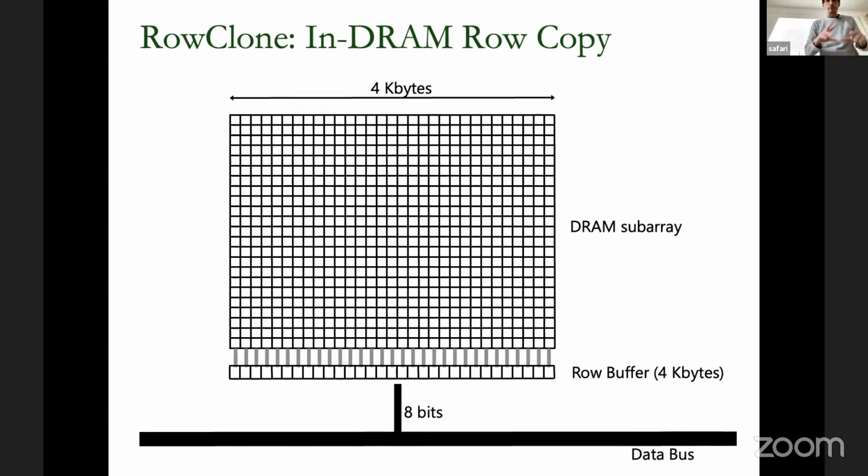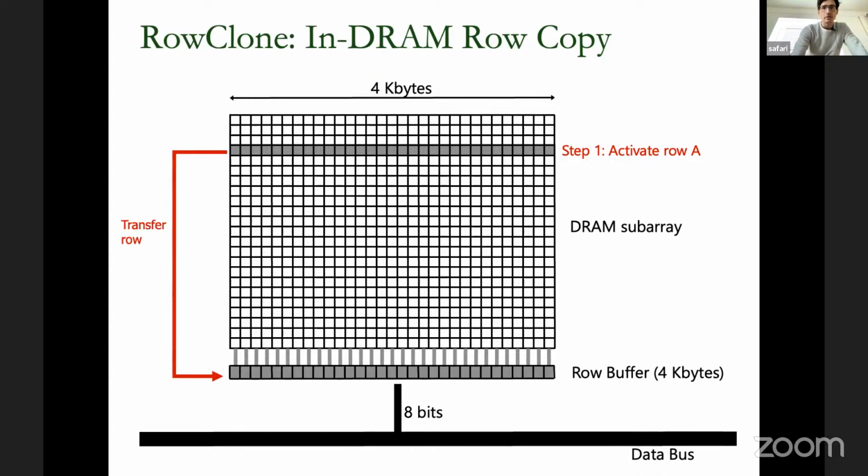By simply modifying this process a little bit, we can copy rows inside the same DRAM subarray. First, we need to activate row A, then we activate the sense amplifiers in the row buffer in order to transfer the row to the row buffer. Then we activate the destination row, because we have all the contents of row A in the row buffer.